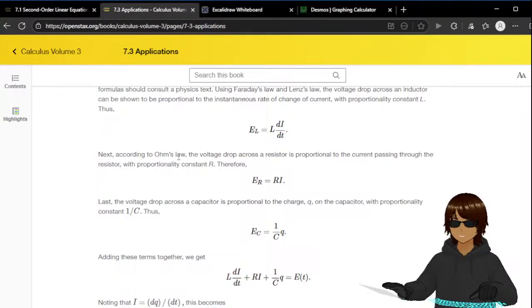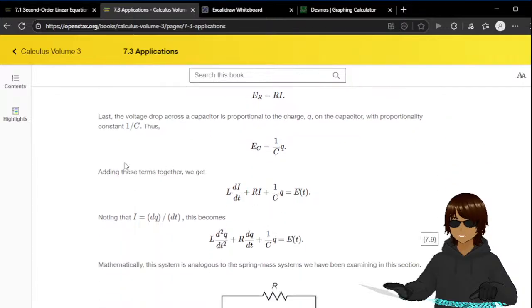Next, according to Ohm's law, the voltage drop across a resistor is proportional to the current passing through the resistor. Last, the voltage drop across the capacitor is proportional to the charge Q on the capacitor with proportionality constant 1 over C. Thus, EC is equal to 1 over C times Q. Adding these terms together, we get this.